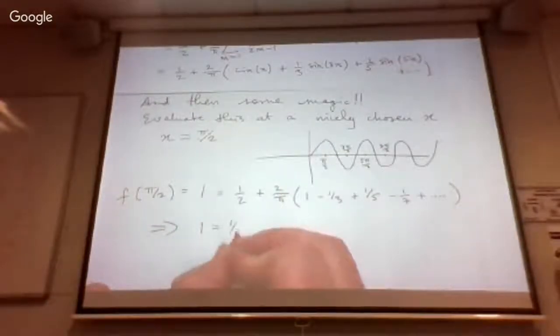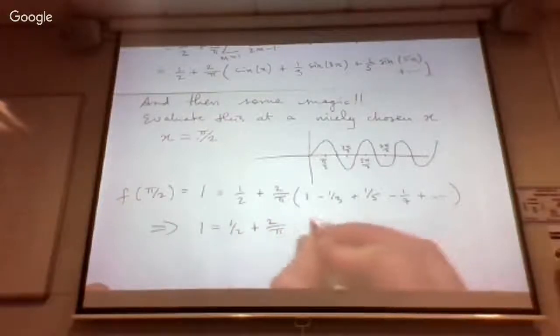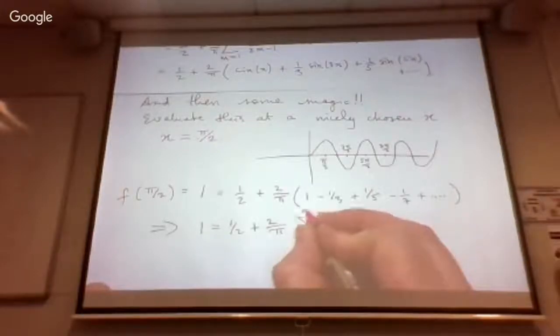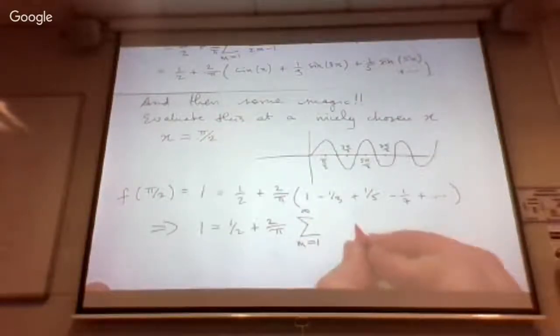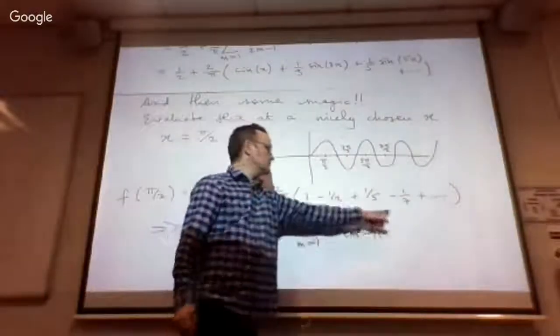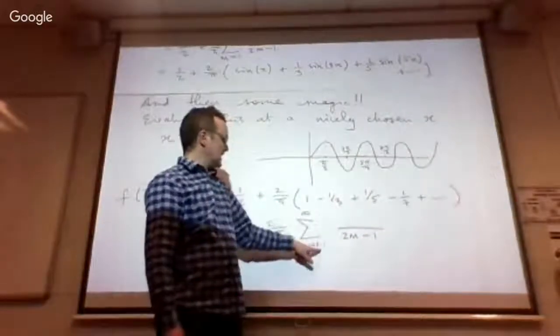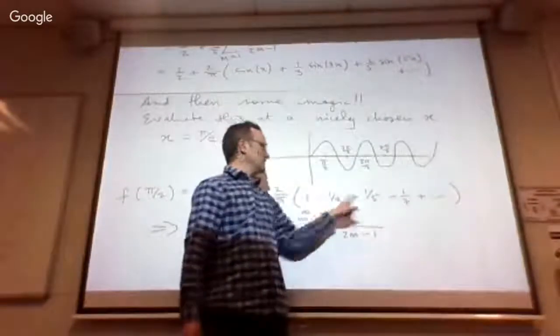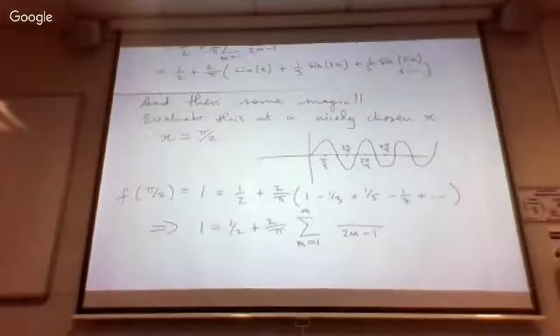So we have 1 equals 1/2 plus 2 over pi times this sum. Now what's going on here? We're summing over every value of m from 1 to infinity. We're generating the reciprocal of the odd integers, so 2m minus 1, but with alternating sign. Positive on the odd m's and negative on the even m's, since we're starting at m equals 1.